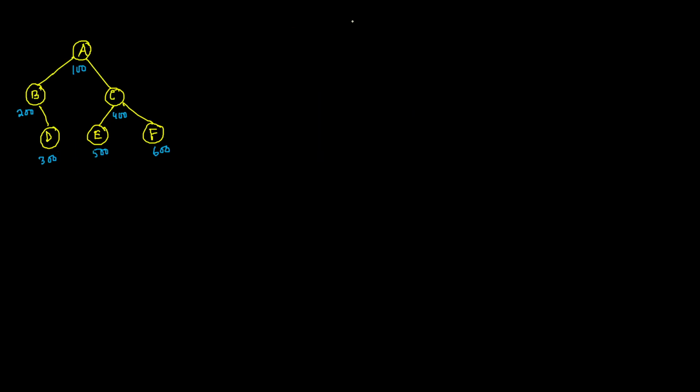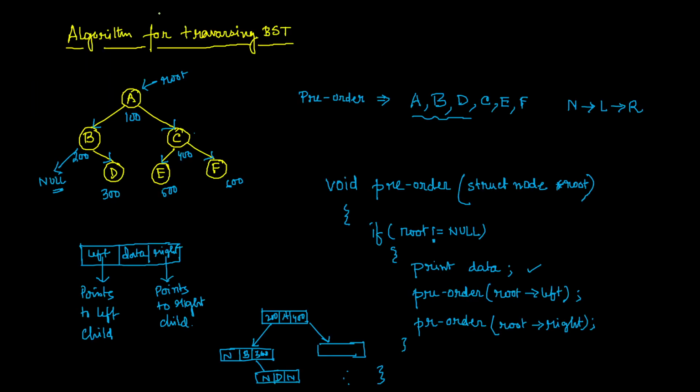So from the main, when this P was called, what was its parameter given? Obviously 100, because currently root is pointing to this node.